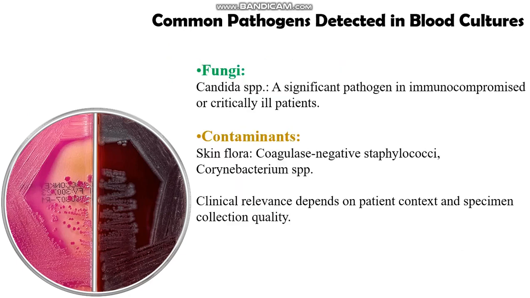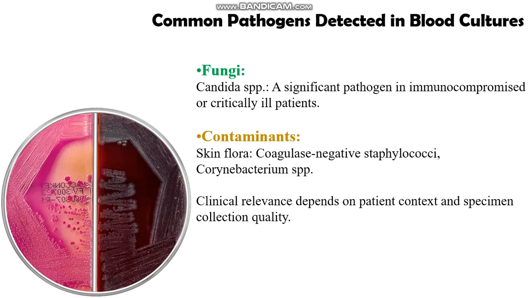In addition to bacteria, fungi such as Candida species are significant pathogens, particularly in immunocompromised or critically ill patients. However, not all organisms detected in blood culture are true pathogens. Skin flora such as coagulase-negative staph and Corynebacterium species are common contaminants.